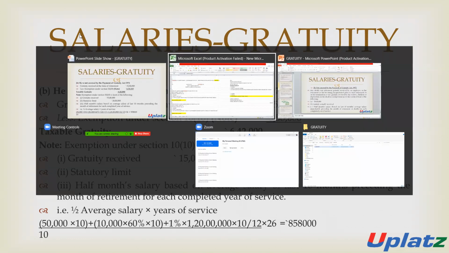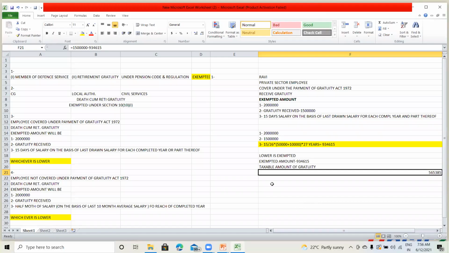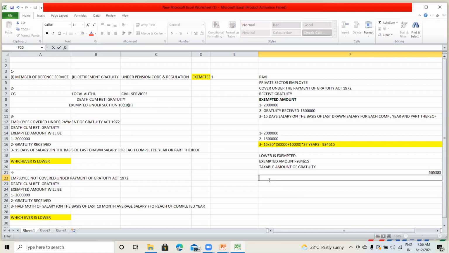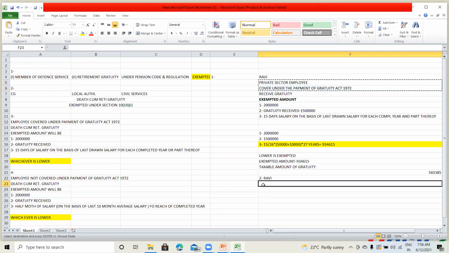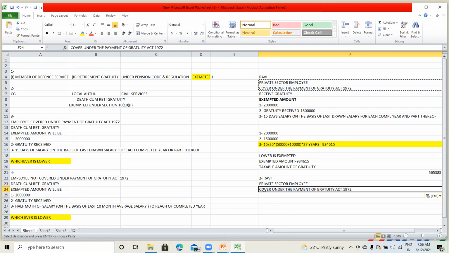So we will calculate it. Mr. Ravi, number two, is a private sector employee and he is not covered under the Payment of Gratuity Act.